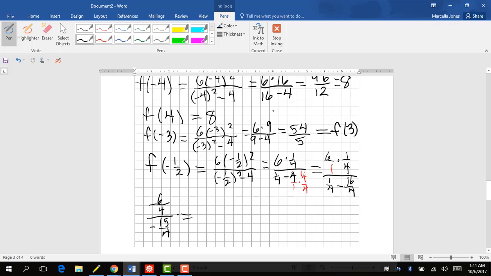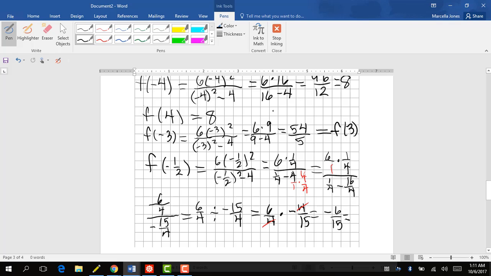And this is really a division problem. 6 over 4 divided by -15 over 4, which I can change to multiplication. 6 over 4 times -4 over 15, which is -6 over 15. And I can divide top and bottom by the biggest factor they have in common, which is 3.